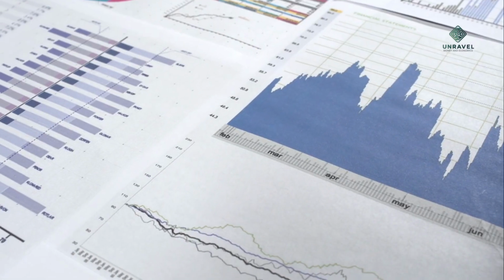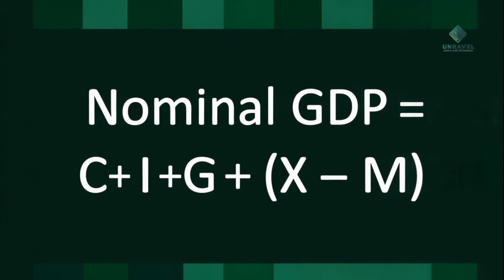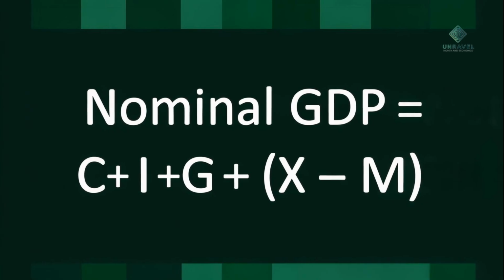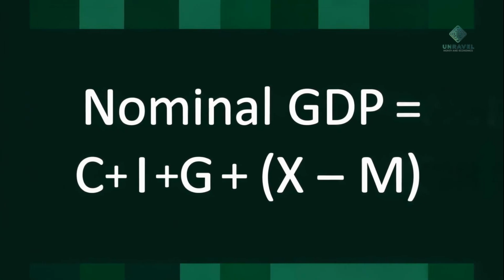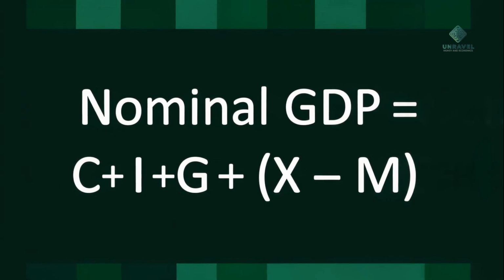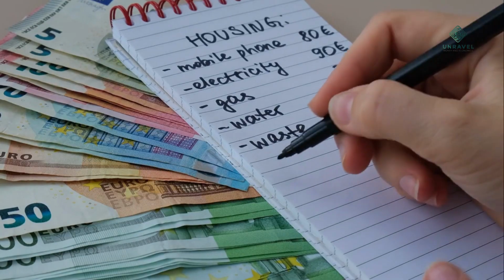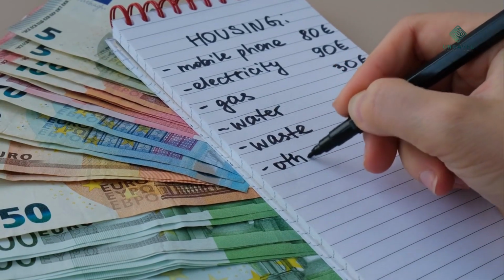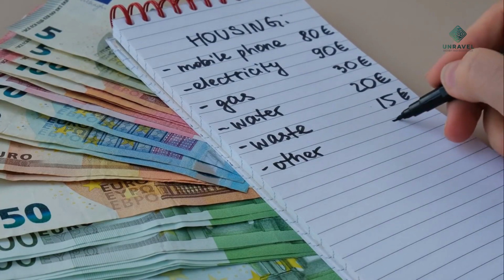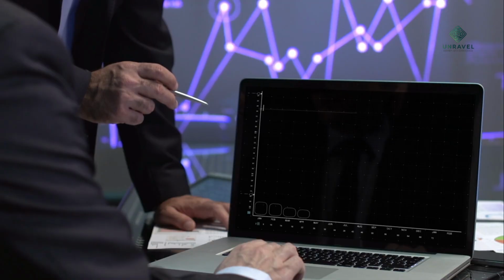You may wonder, how do economists compute GDP? The most prevalent method is called the expenditure approach, represented as follows: GDP equals C plus I plus G plus X minus M. Let's dissect that. C signifies consumption, representing all household spending on goods and services, groceries, rent, clothing, entertainment, etc. I denotes investment.